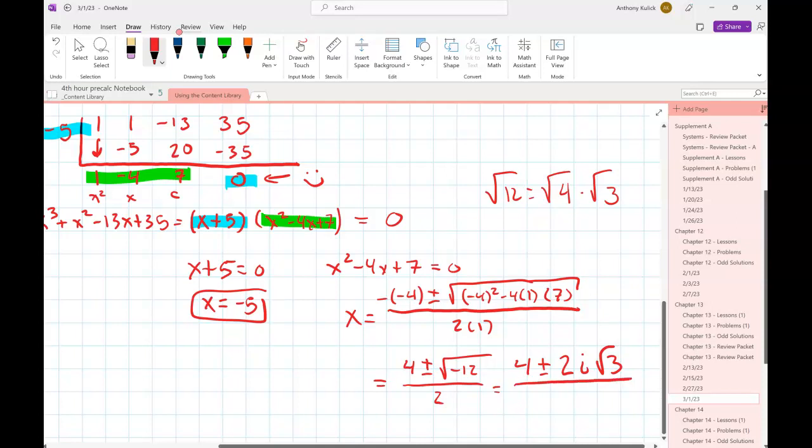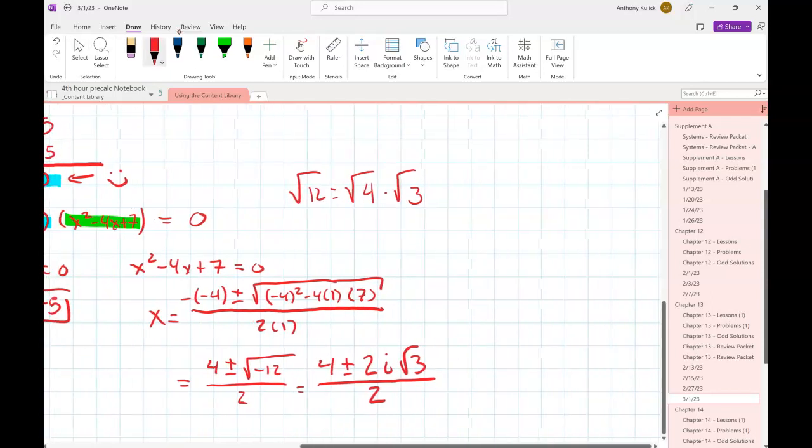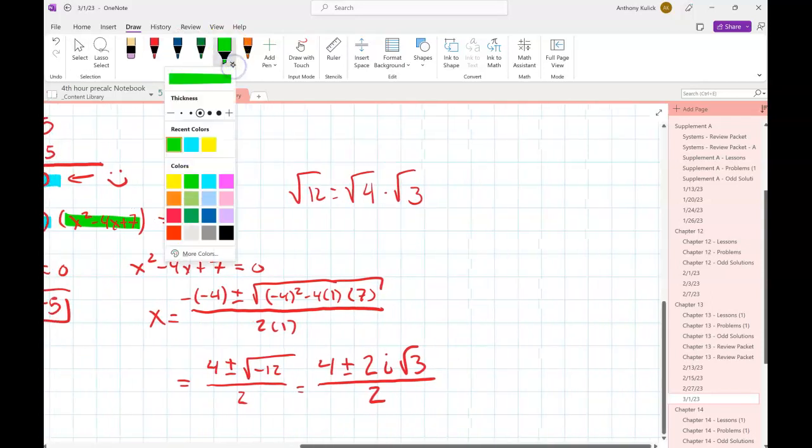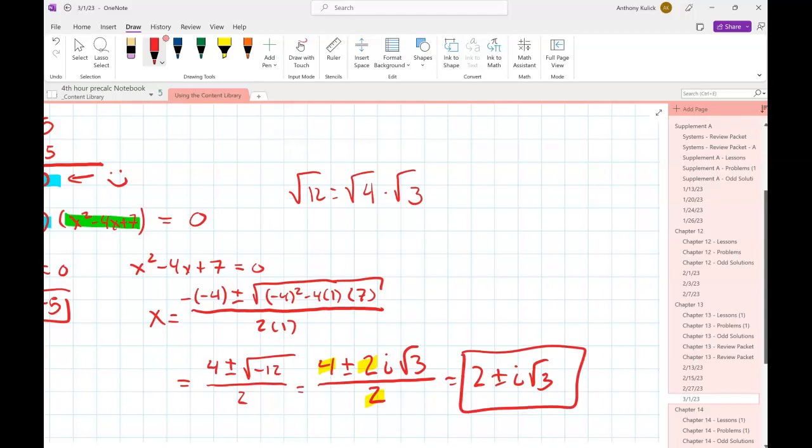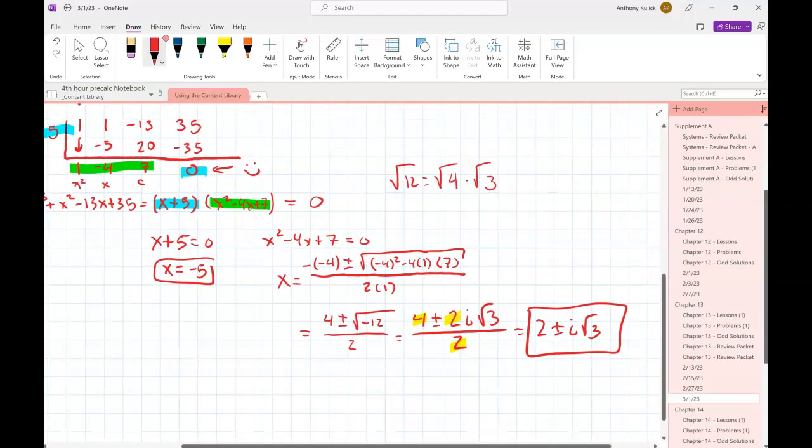So I have 2i root 3 all over 2. And now I can reduce that because I notice that each of these is divisible by 2. And so those are my 3 solutions, right?